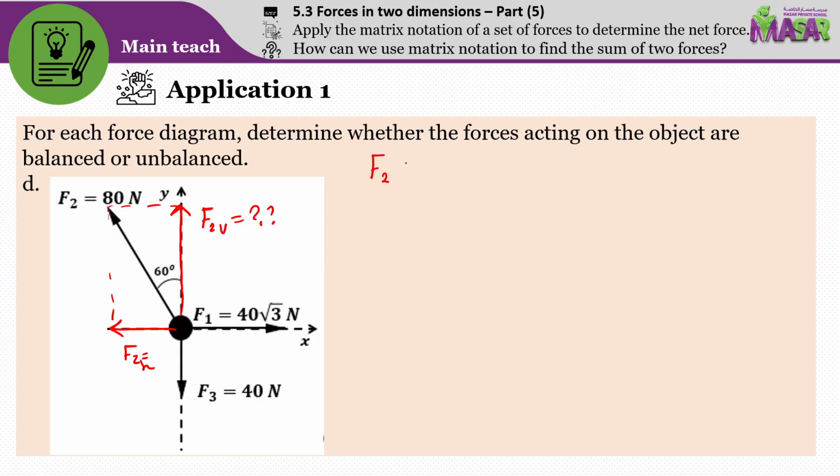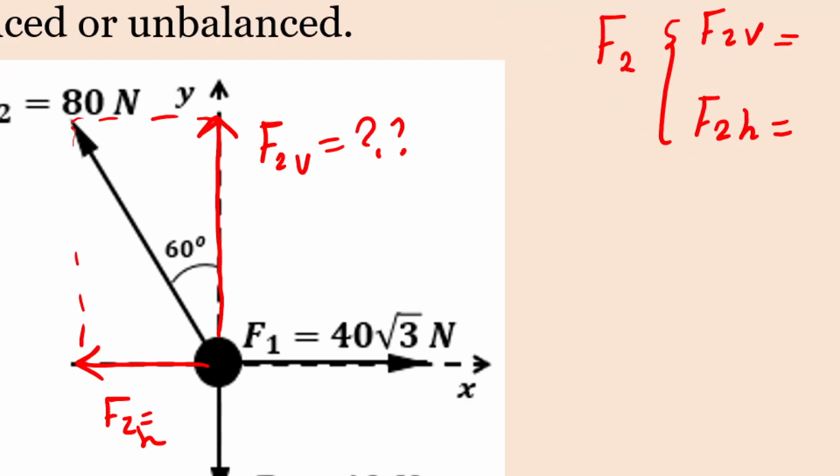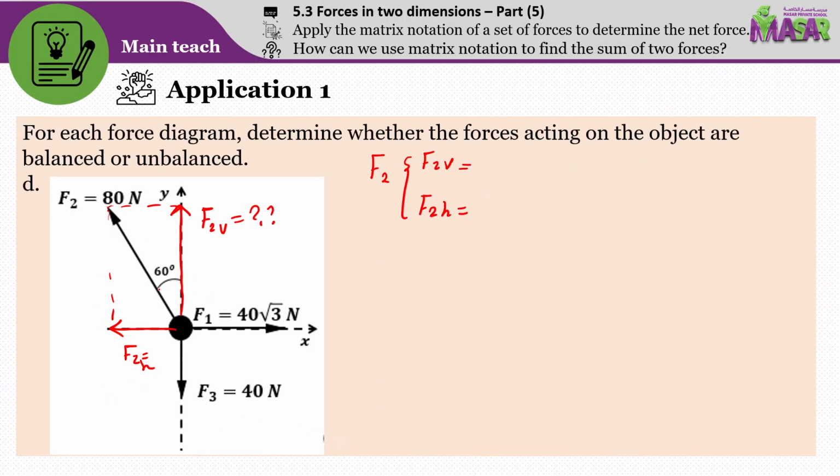So F2 can be decomposed into F2V and F2H. Since this angle is between the force vector and the vertical axis, the cosine should be applied for the vertical component, which means F2V equals F2 cosine of the angle.